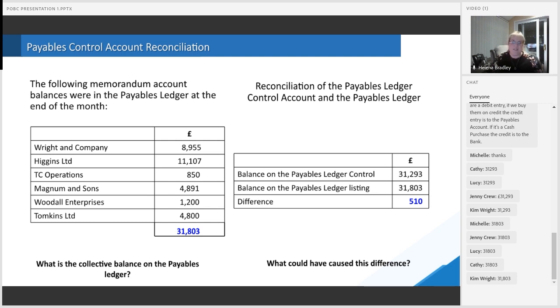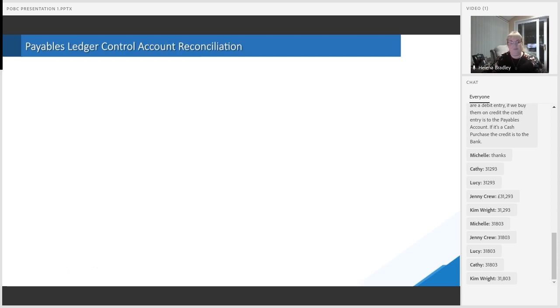What we need to understand is what needs to happen to the balances. So either the balance on the payables ledger control account needs to increase, or the balance on the payables ledger needs to reduce. That's what needs to happen to get rid of that difference. So how this will be assessed in the exam is as follows.